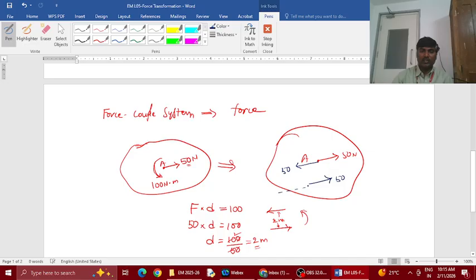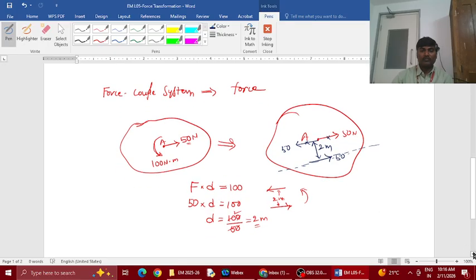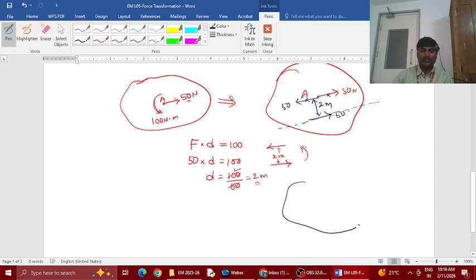This is the line of action of the force acting at 2 meters from the given force. Now you see you cancel out these two forces because 50 minus 50 becomes 0. So this is point A where the line of action of the original force was, and now at 2 meters you have got a force of 50 newtons.